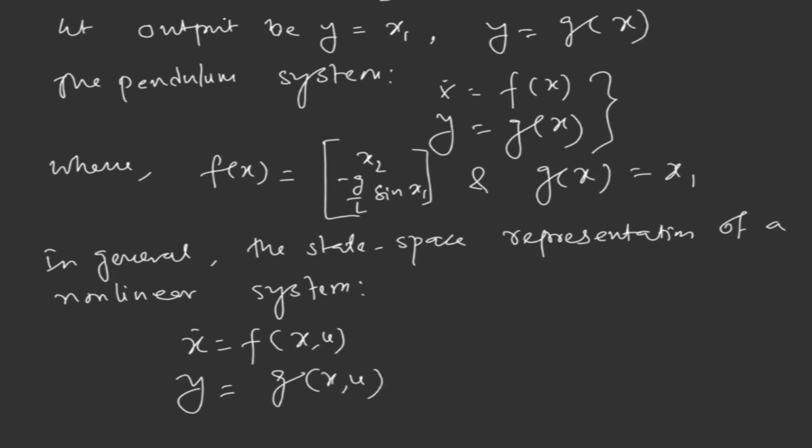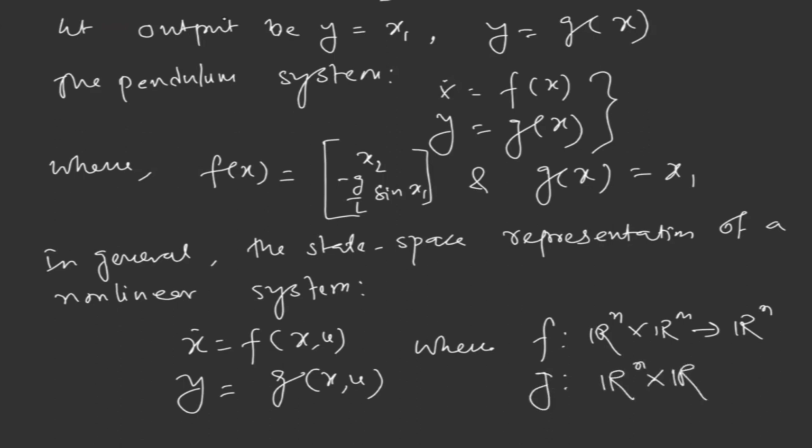Here x is the state and u can be any forcing term or control term or any other moment term acting on the system, and the dimensions are f from R^n, R^m to R^n and g from R^n, R^m to R^p. So we can come up with some general conclusion of the state equation of a nonlinear system.